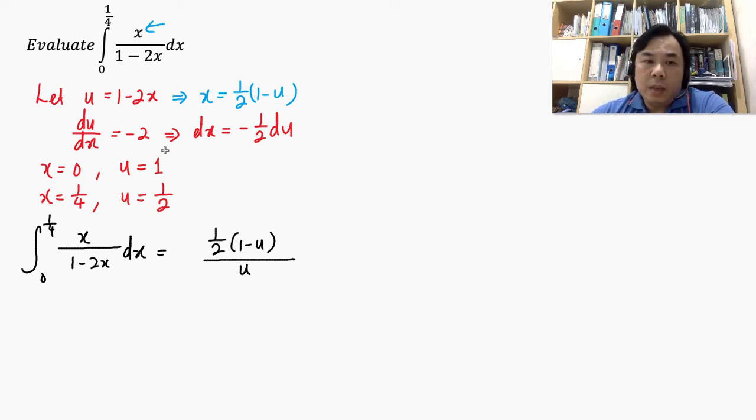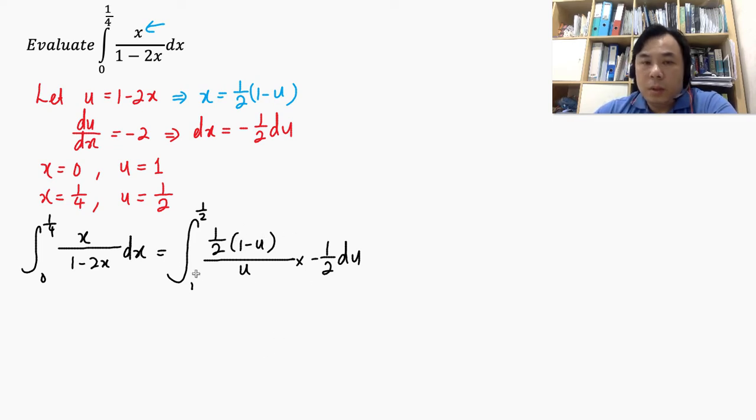The dx itself, we have already transformed, which is negative half du here. And then we have also transformed the upper boundary and the lower boundary. When x is 0, u is 1. When x is a quarter, u is half. So this is 1, this is half. This is how it looks.